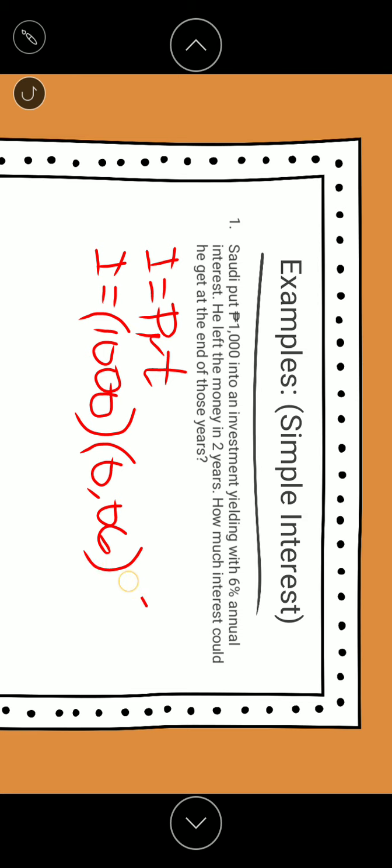And our time is 2. Third, multiply all the values. So, isahang multiply lang. 1,000 times 0.06 times 2 is equal to 120.